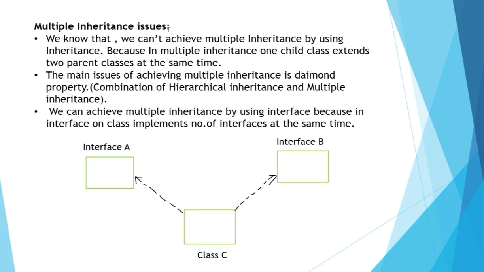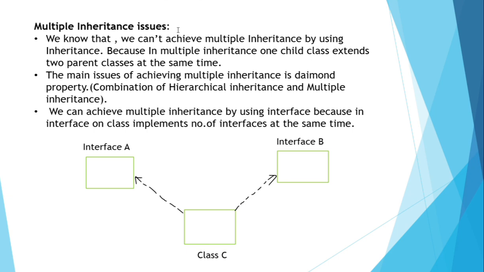And next, multiple inheritance issues. In multiple inheritance, a child class extends multiple parents at the same time. We cannot extend multiple parent classes at the same time. This is one of the issues in multiple inheritance.